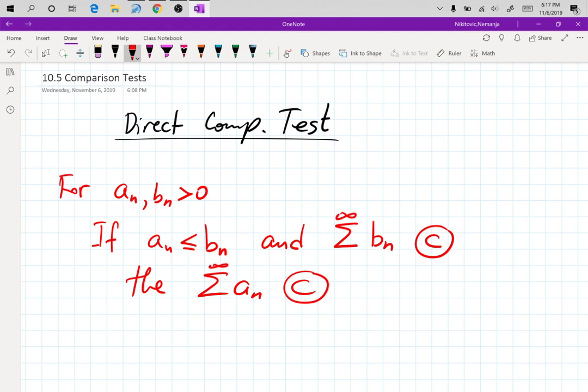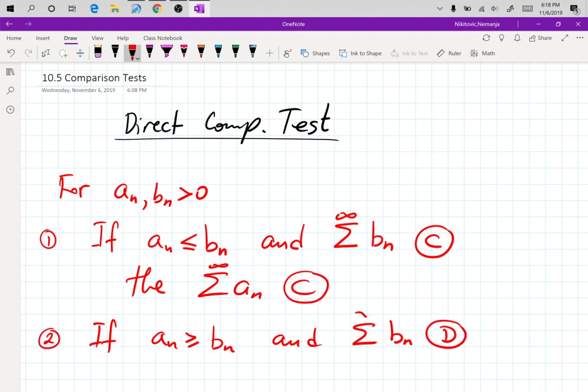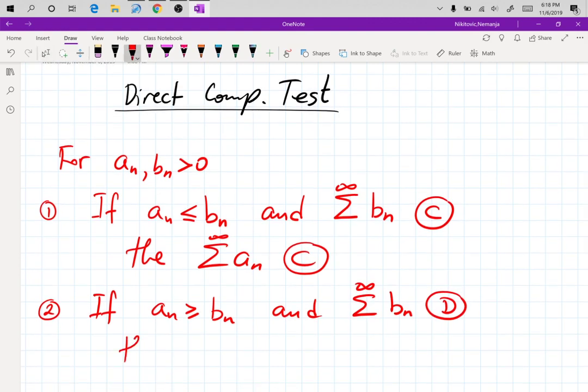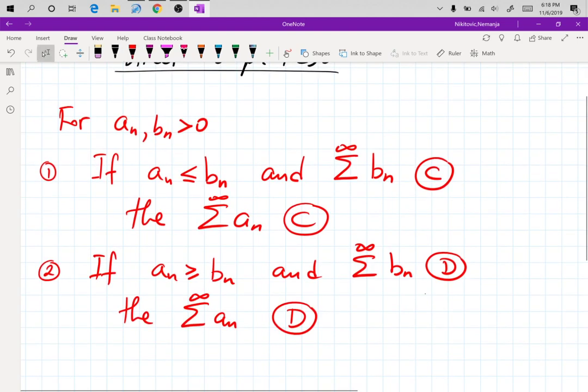These are infinite series. So this is part one. And then part two, if an is bigger than bn and summation of bn diverges, the series summation an diverges. That's it. So that's your test, and this is the cloud.